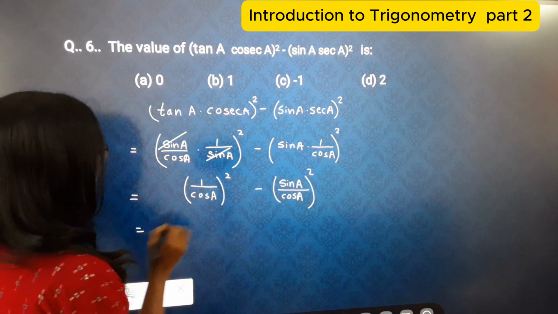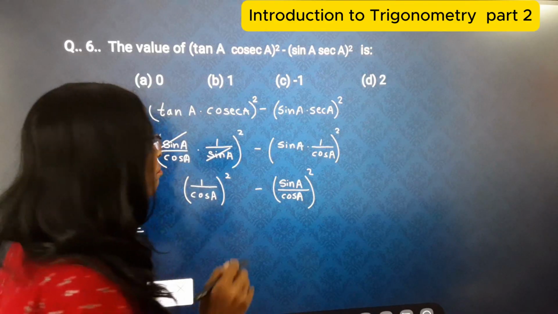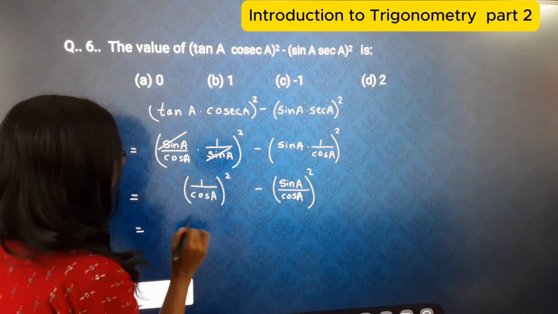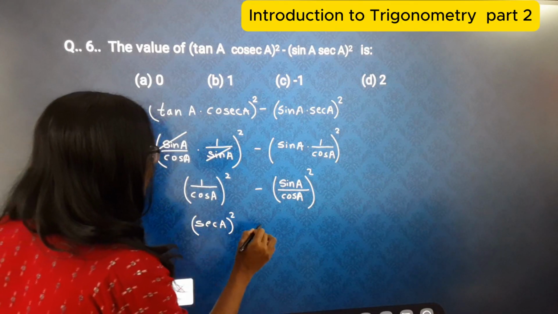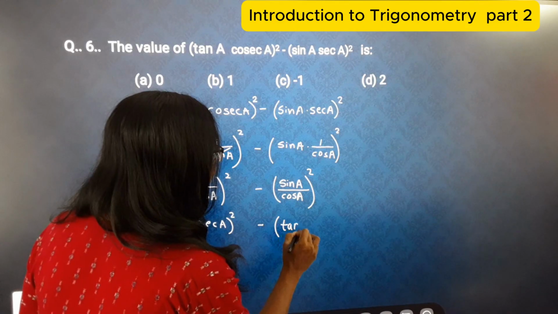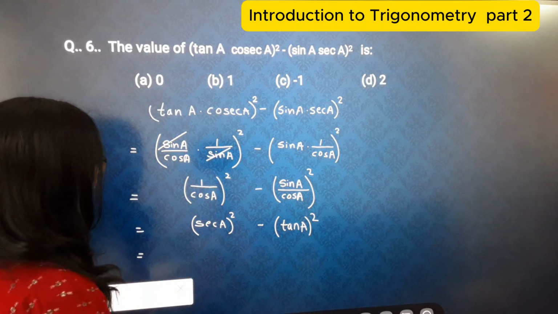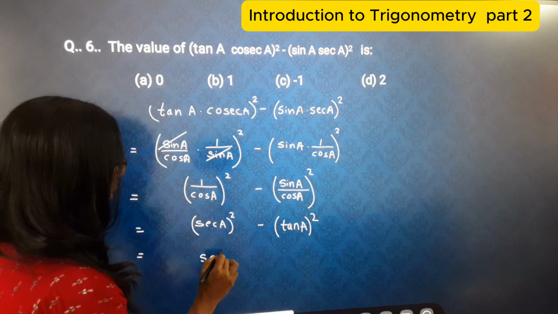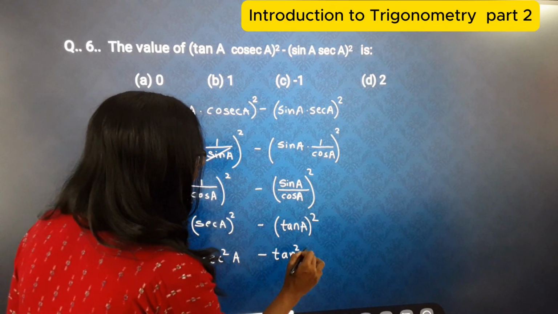So now 1 upon cos A means the sec A, whole square, minus sin A upon cos A means the tan A, whole square. So now that is sec square A minus tan square A.